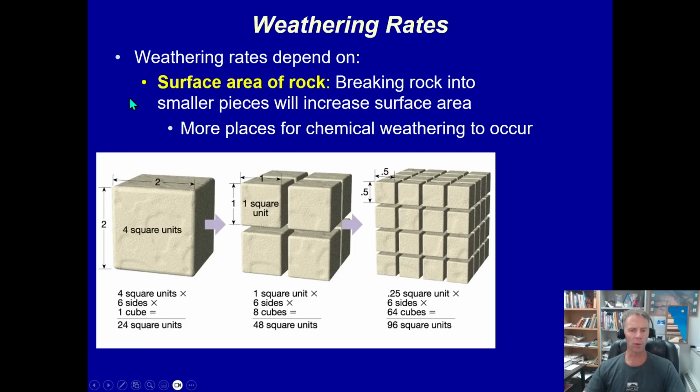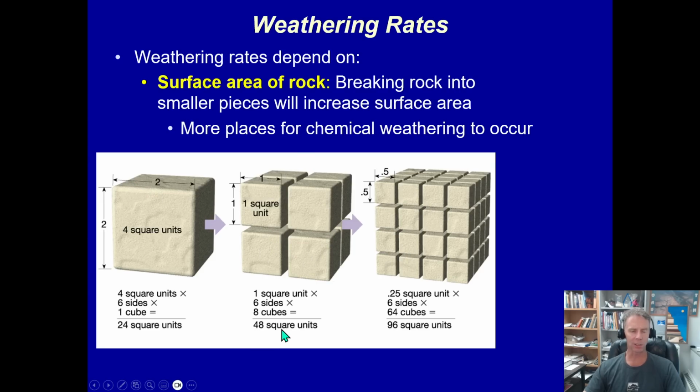And so all of our weathering processes are going to depend on some other factors that will contribute to how quickly they occur or how quickly they progress. And one thing is just how much of the rock is exposed. And I love this little diagram here. So if you take a cube of rock, you have 6 sides, right? 6 sides to a cube. That means that the weathering processes can only really attack it on those 6 sides. But if you take that same cube and break it up into 8 smaller cubes, well, now each one of these 8 cubes has 6 sides.